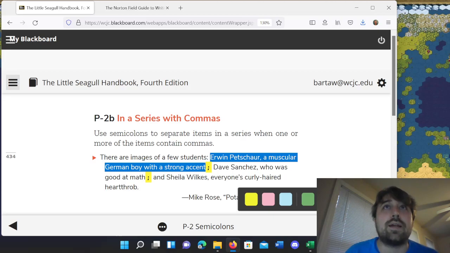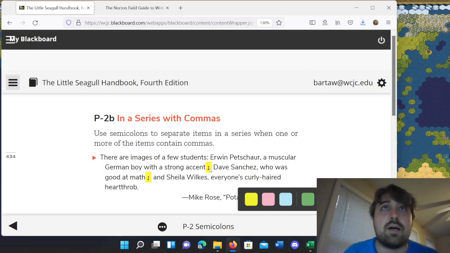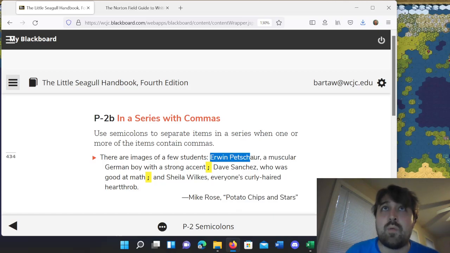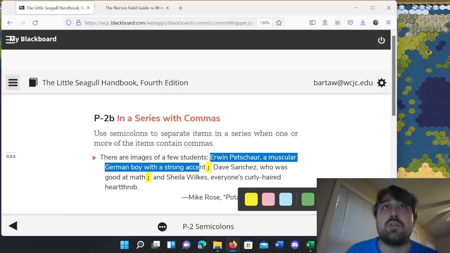So we're already using a comma within the item being listed. So it wouldn't do to use a comma again for marking off items in the list. It would be confusing.